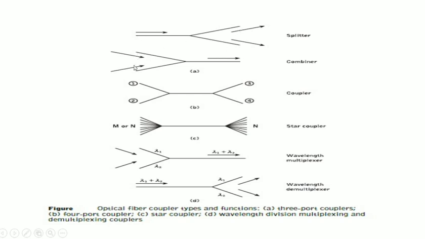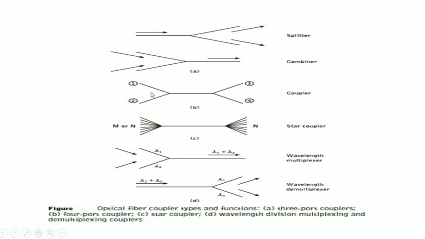In 3A, this diagram is a splitter: the input signal is split here. Here the input power or optical signal is combined, so it is a 3-port combiner. This is a 3-port splitter.